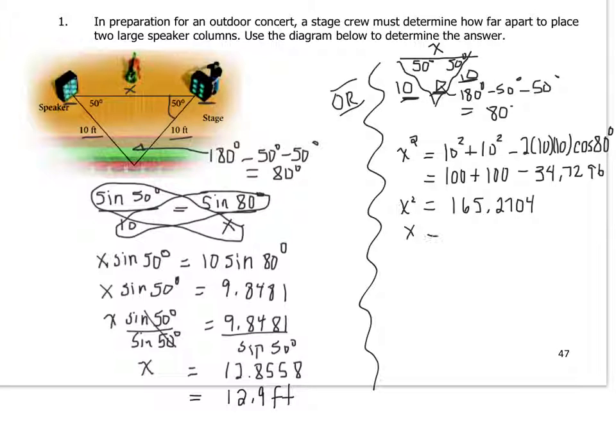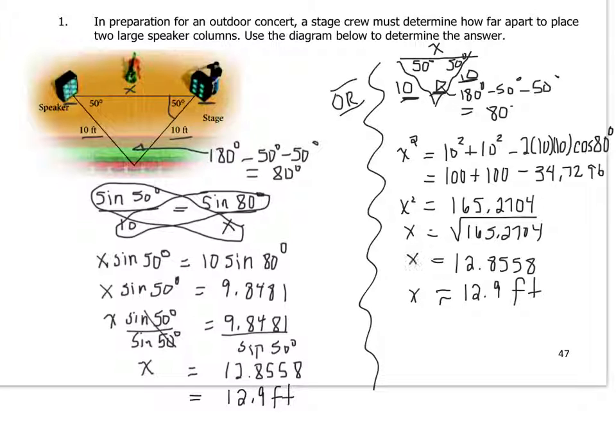So x would equal the square root of that, which equals 12.8558 as well. If you round it off to 4 decimal places and to 1 decimal place, it would be 12.9 feet. So either way you get the correct answer.